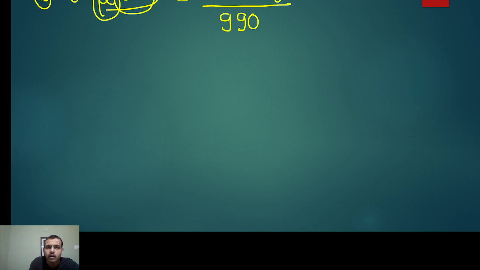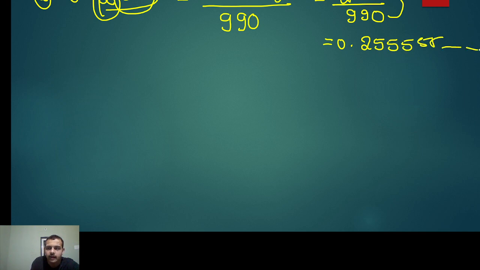It becomes 253 divided by 990. When you divide 253 by 990, we get 0.25555 up till the end.